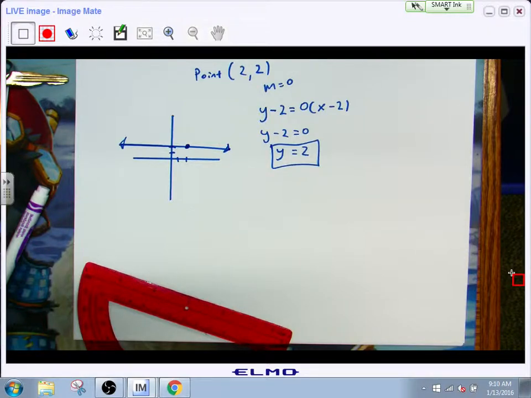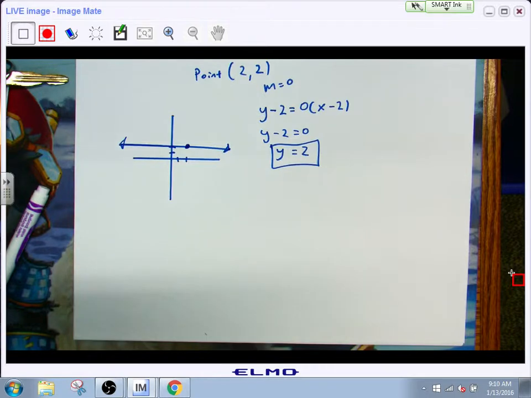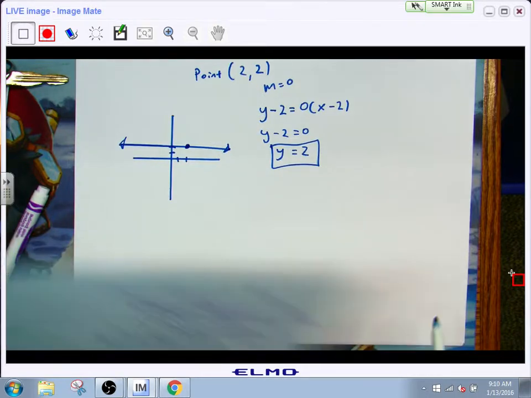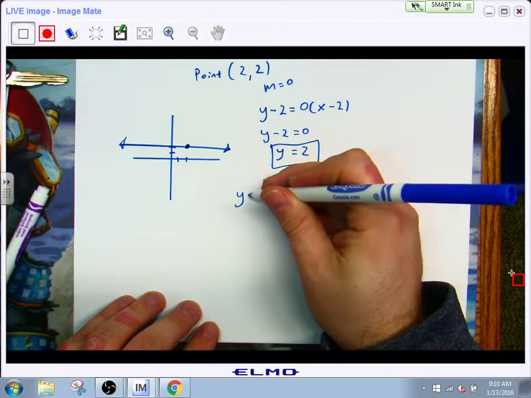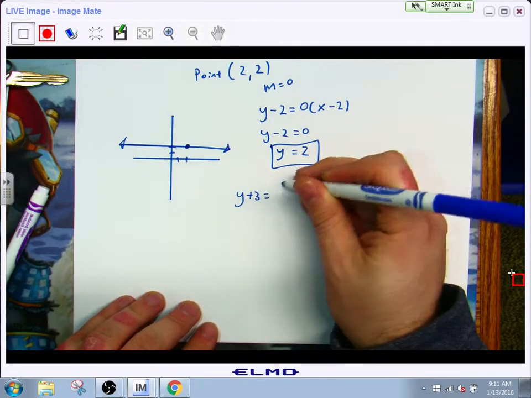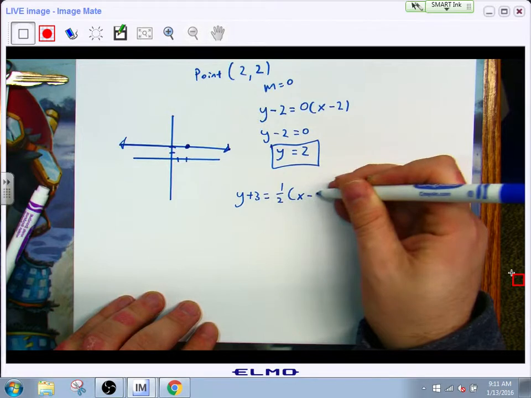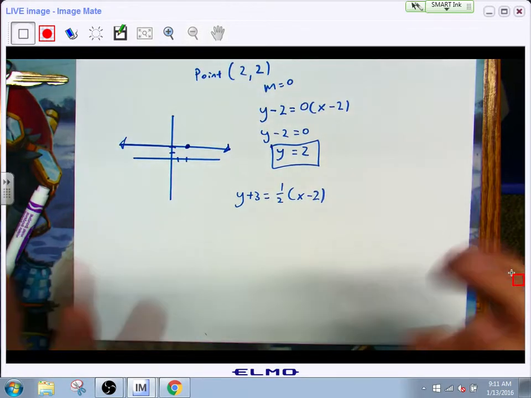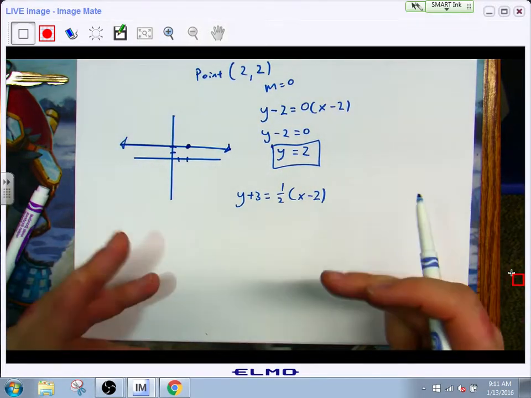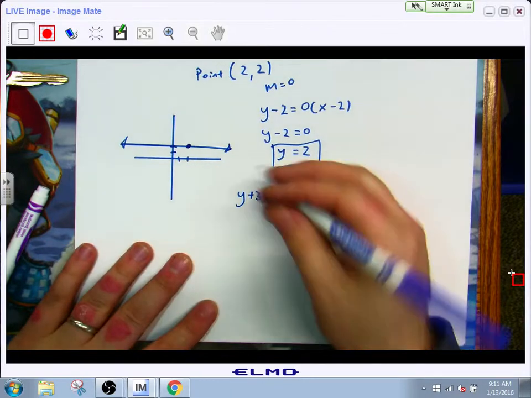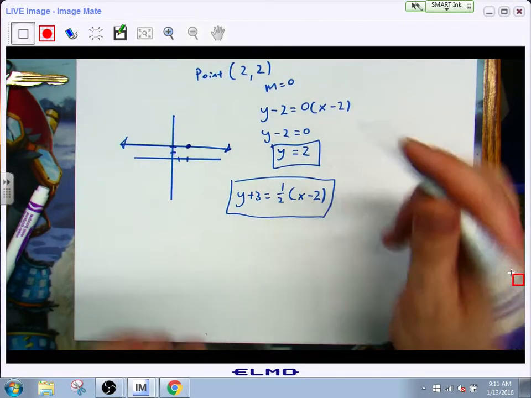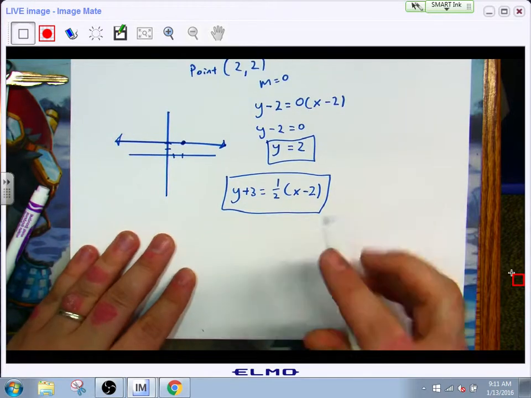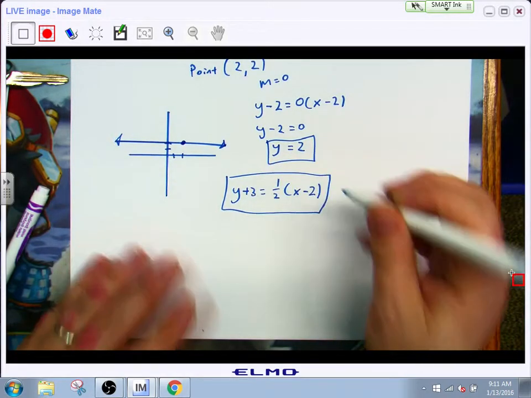Pretty neat. Let's go back to the example that we used earlier. We came up with y plus 3 equals 1/2 times the quantity x minus 2. And so how do we then graph this? If I gave you this equation, how do we graph it? Well, we're given a point. When I'm looking at this, I can derive what the point is.